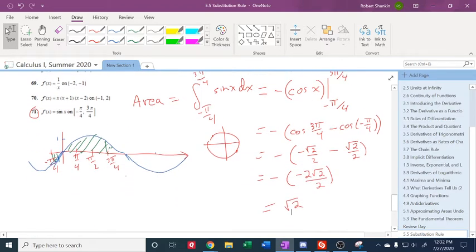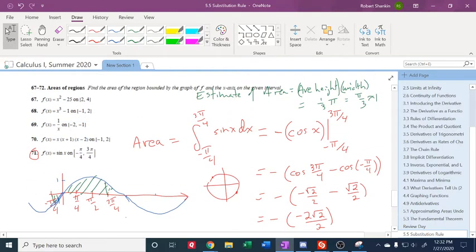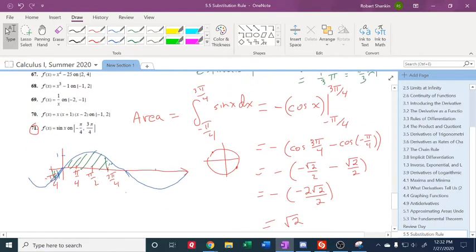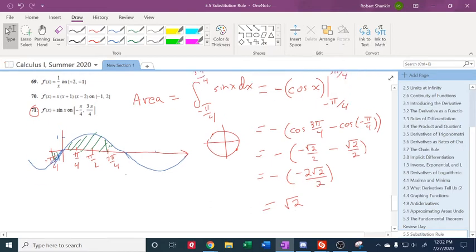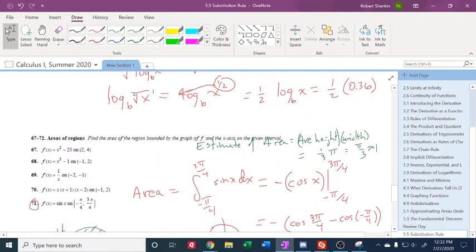All right, so the answer that they want is you have to take two separate integrals, the integral from negative pi over 4 to 0, and then stick an extra negative with that to turn it into a positive, and then from 0 to 3 pi over 4. And if you do that, you get the answer. So that must have been how they wanted it to be interpreted.